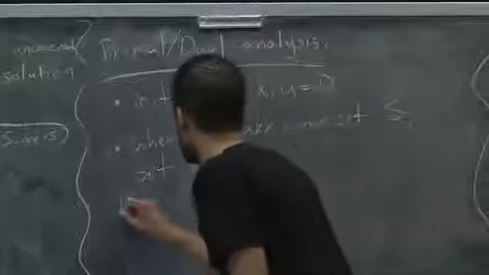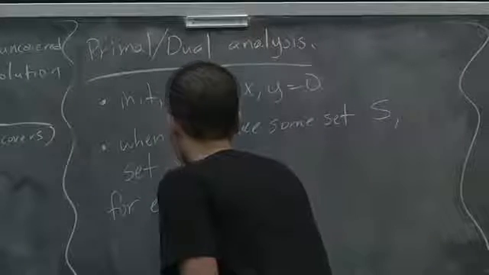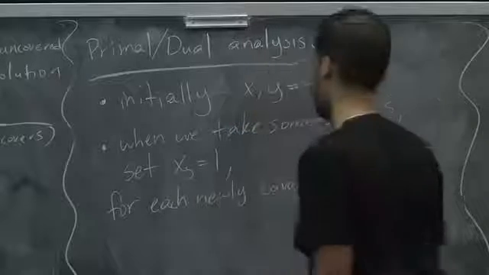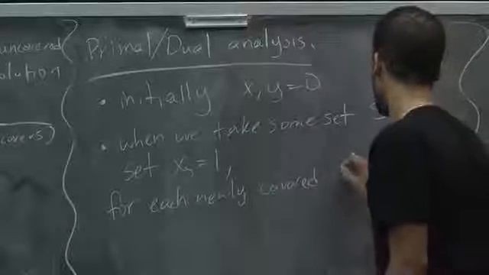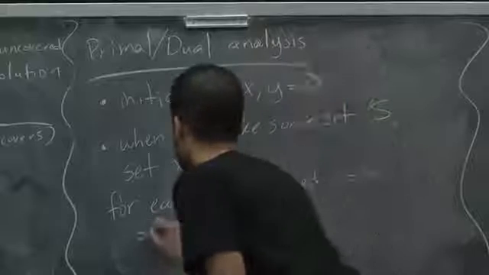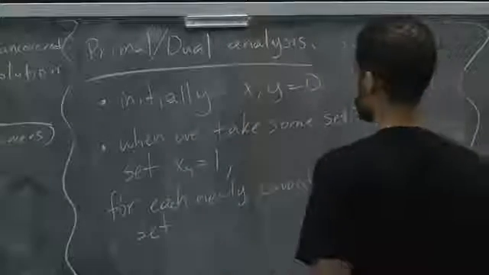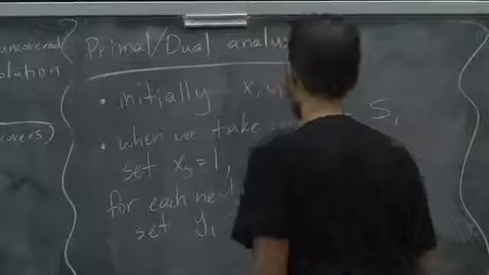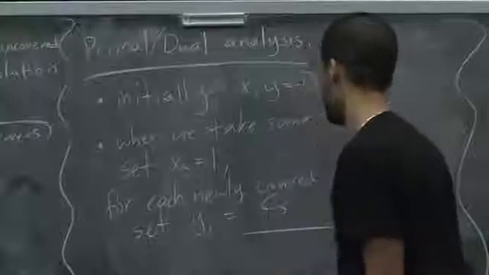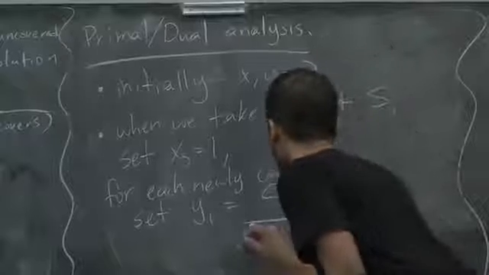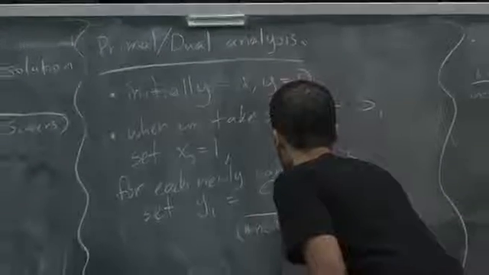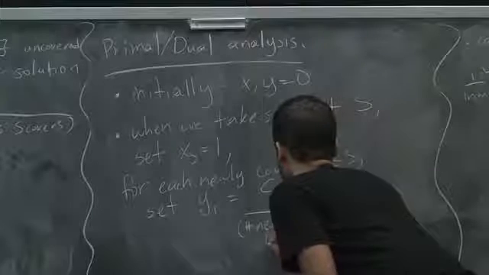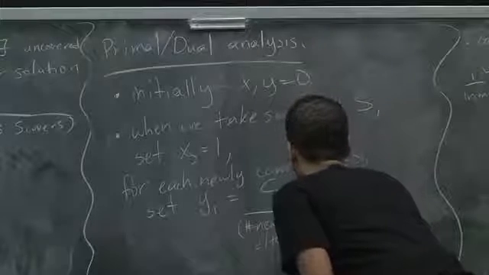And also for each newly covered i in S, we'll set y_i to be the cost of S over the number of newly covered elements at this point.